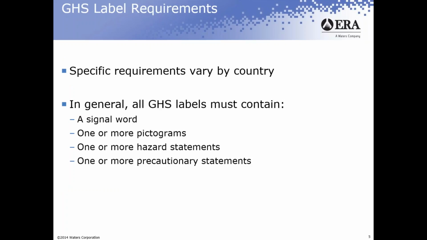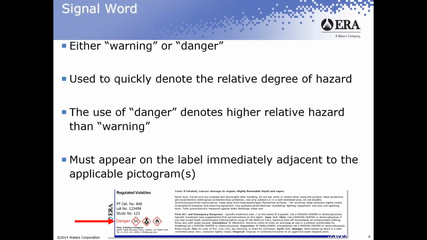There are specific requirements. Again, these requirements can vary country by country. Although there are country variations, in general, all GHS labels must contain a signal word, pictograms, hazard statements, and precautionary statements. We're going to go into each one of those to take a look at specifics.